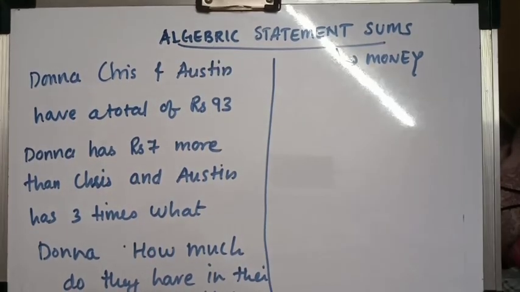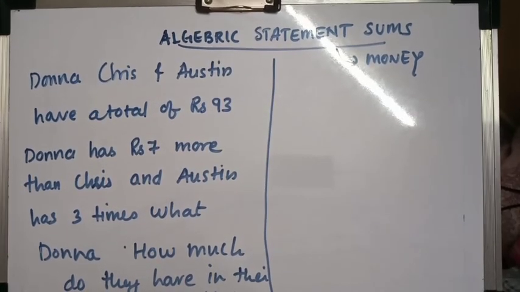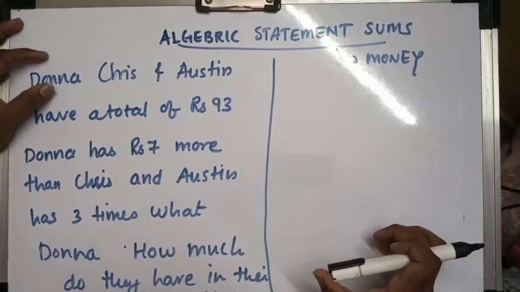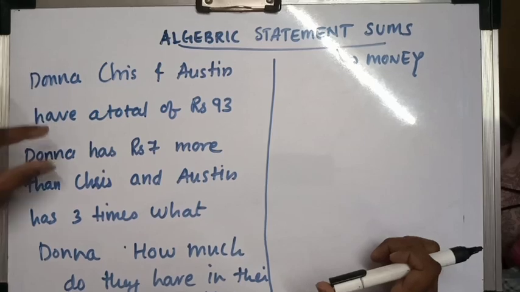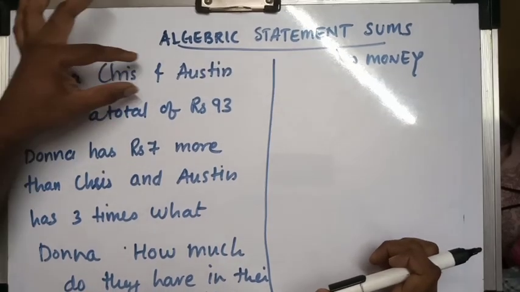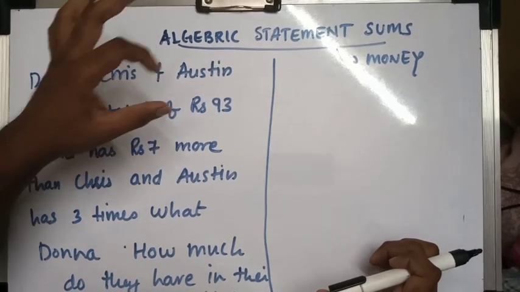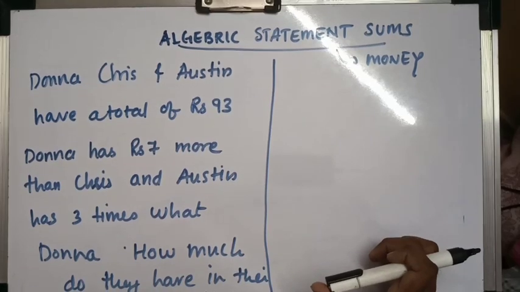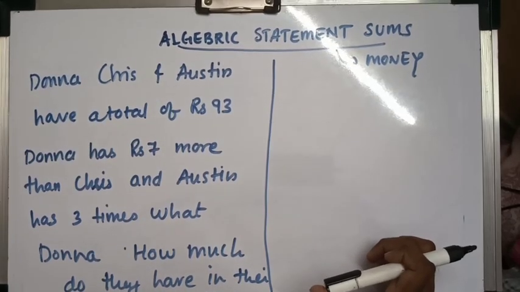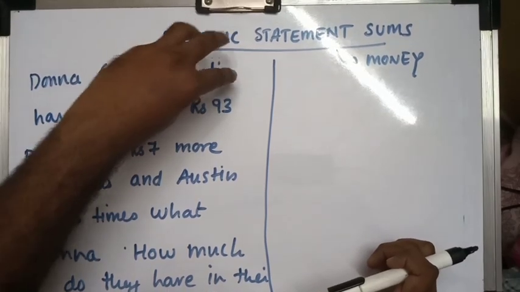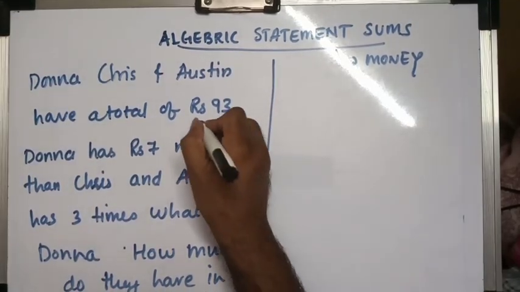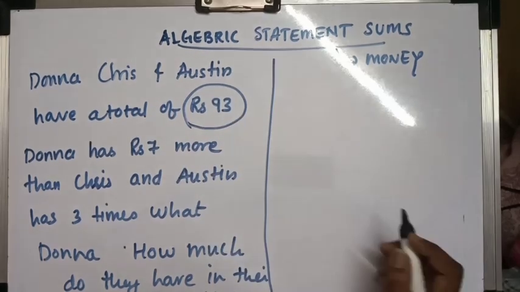Look, what is the question? There are 3 people. One is Donna, the other one is Chris, and the other one is Austin. The question says that all these 3 kids have rupees 93 in total. The amount with Donna, the amount with Chris, and the amount with Austin amounts to rupees 93.